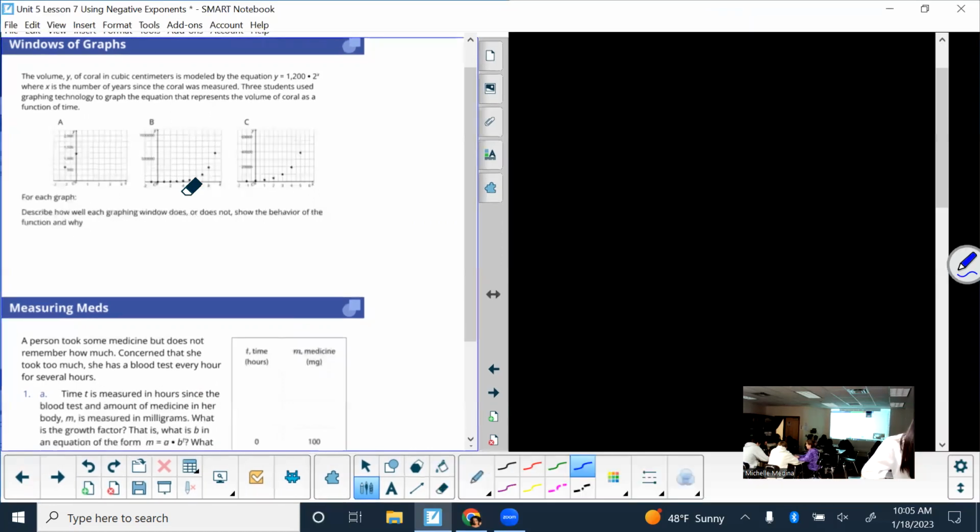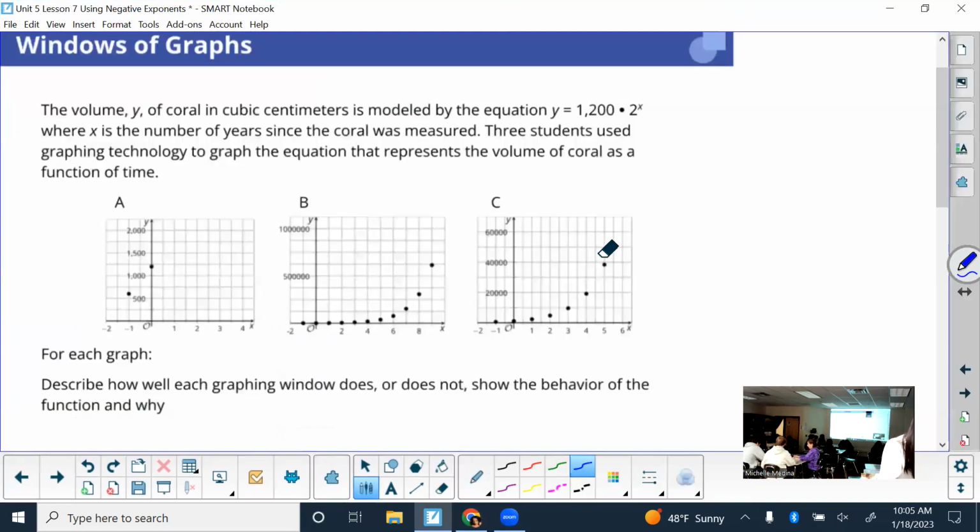What's the difference between these three graphs? The y-axis is labeled differently. So can we see all our data points in graph A? No, and just to remind you, here were some of our data points.